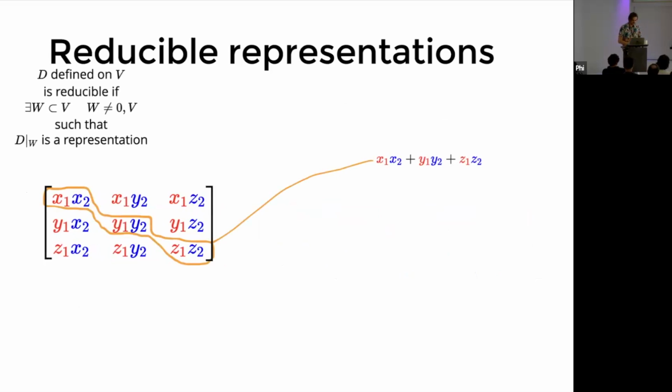The first of them, you will recognize, is the trace. If you sum the elements on the diagonal, you get x1 times x2, y1 times y2, z1 times z2. And this is nothing else than the dot product. The dot product is a representation by itself.